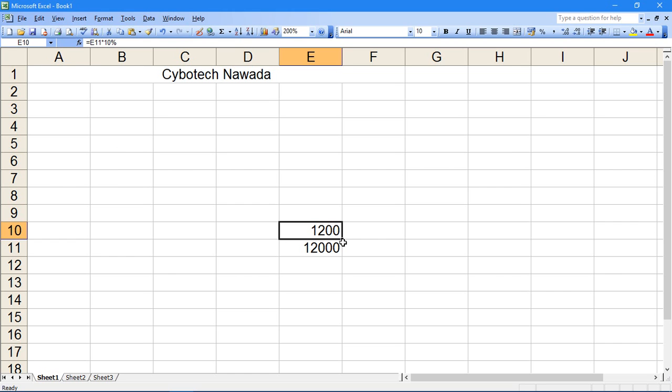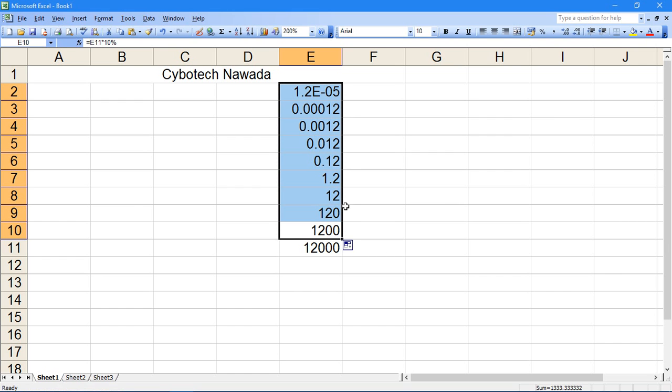Now by using the fill handle, if we copy it upwards, just watch the value. Each upper cell is 10% of its previous cell's value.